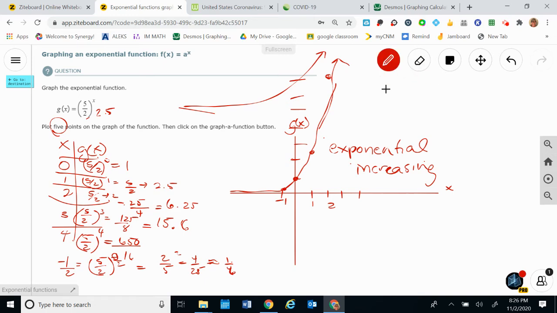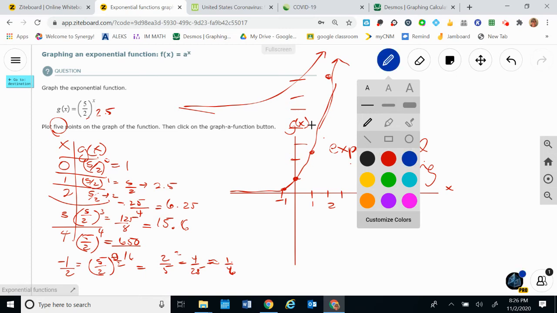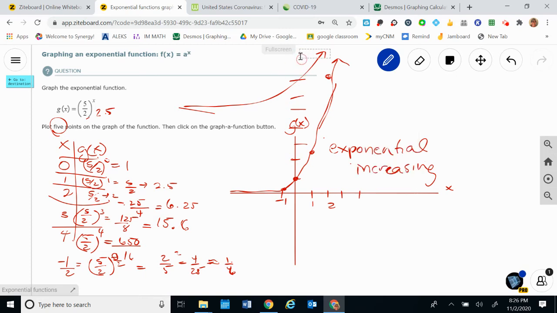And a really cool example of something that decreases exponentially would be the heat of a coffee cup. The temperature is really high, and then over time, it comes down really quick, and then it kind of just stays, and it takes a while. That would be an exponential decrease.